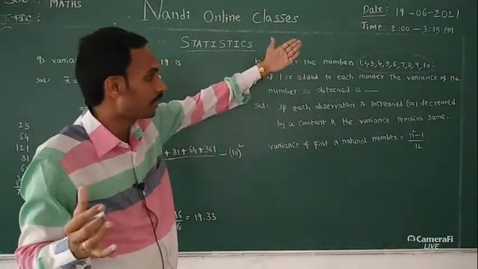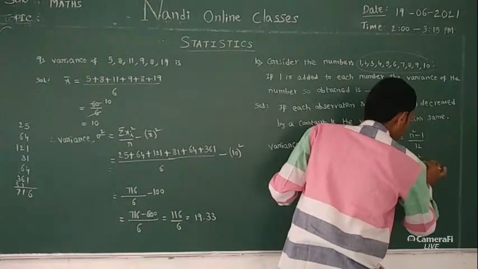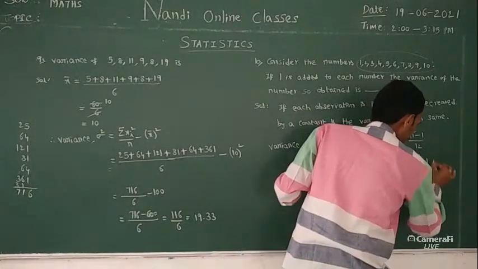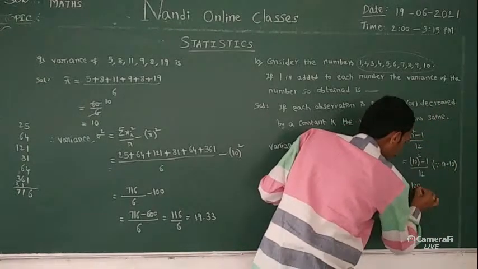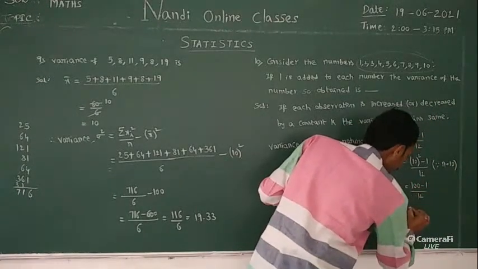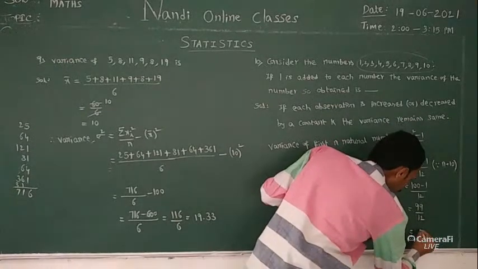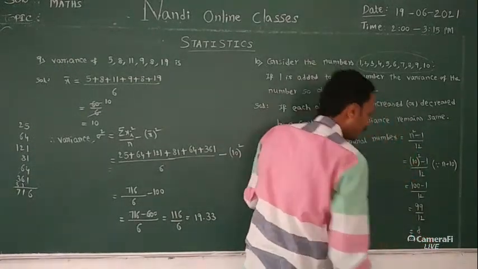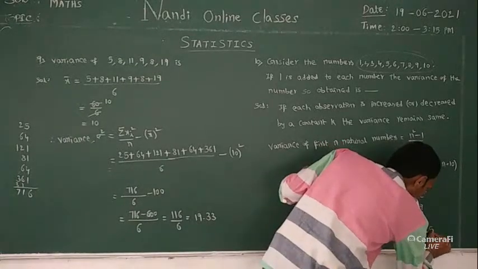How many observations are there? 10. So it is equal to 10 square minus 1 divided by 12, since n is equal to 10. 10 square means 100, minus 1, divided by 12, is equal to 99 by 12. 12 8s are 96, point 30 will come, 12 2s are 24, 12 5s are 60.